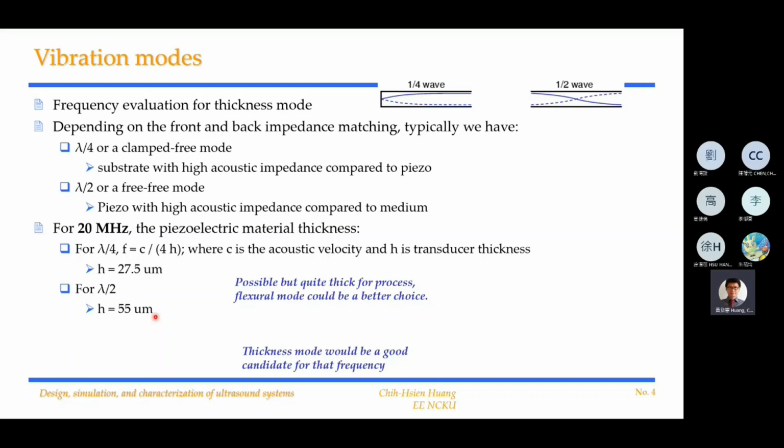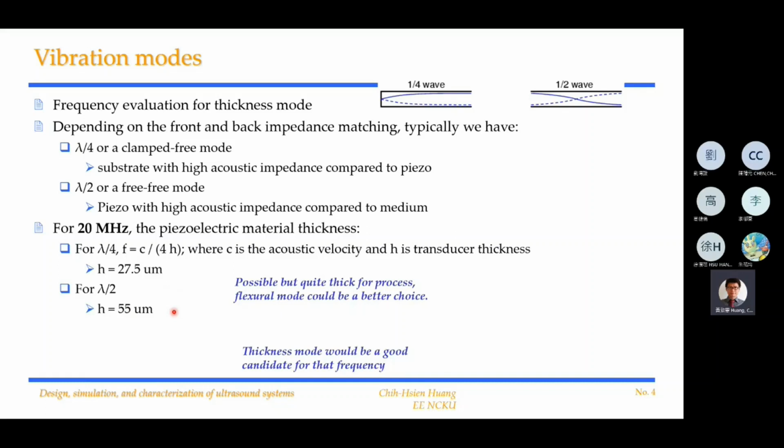You will see this is actually very difficult. If you use bulk material, it's probably okay. But if we want to use a flexural mode with a piezo thin film, to reach 27 or 55 micrometers is nearly impossible.